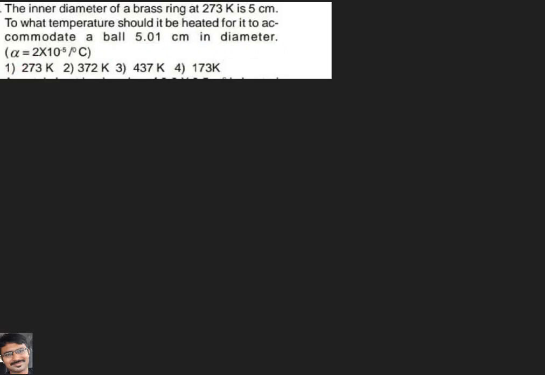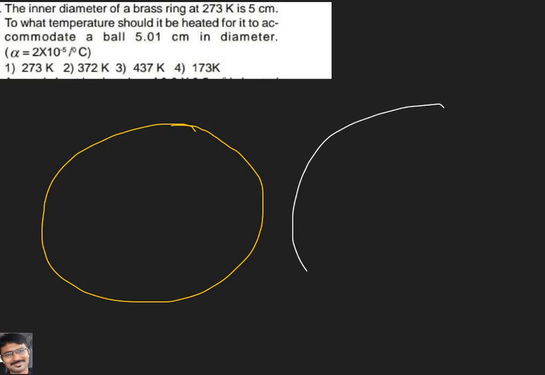So what happened here? They have one brass ring, and they want to accommodate a ball of 5.01 centimeter. That means compared to the ring size, the ball size is big. So the ball diameter is how much?